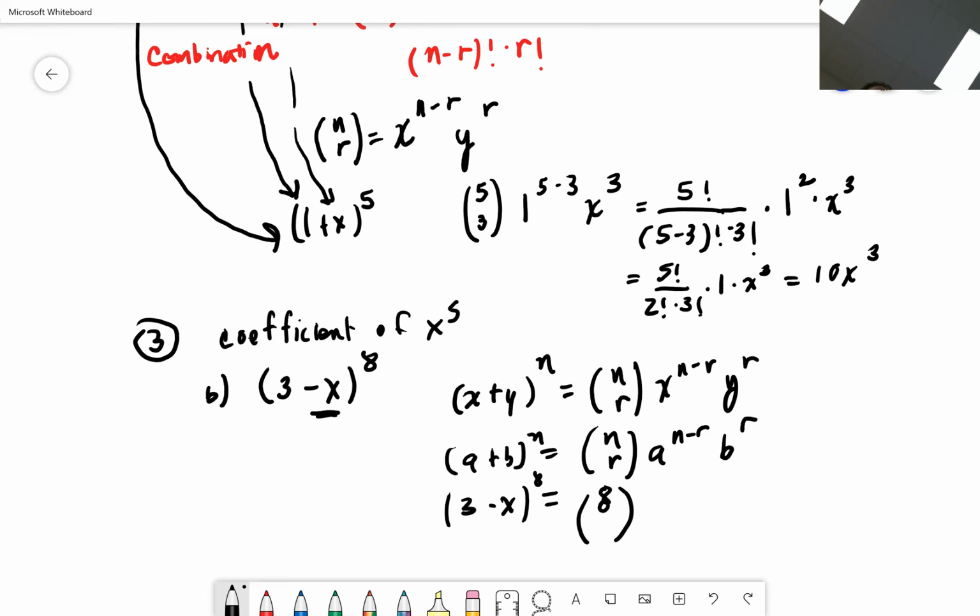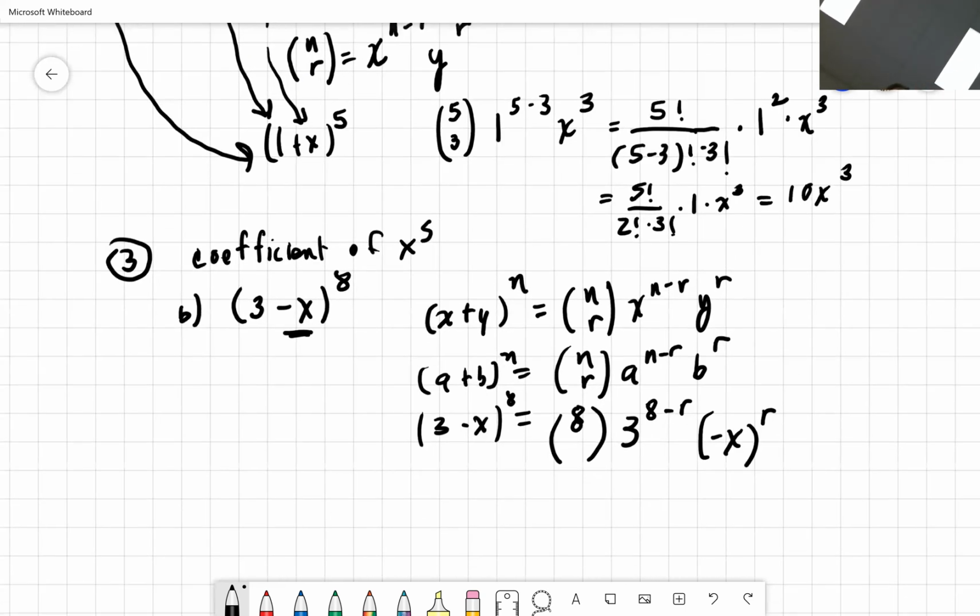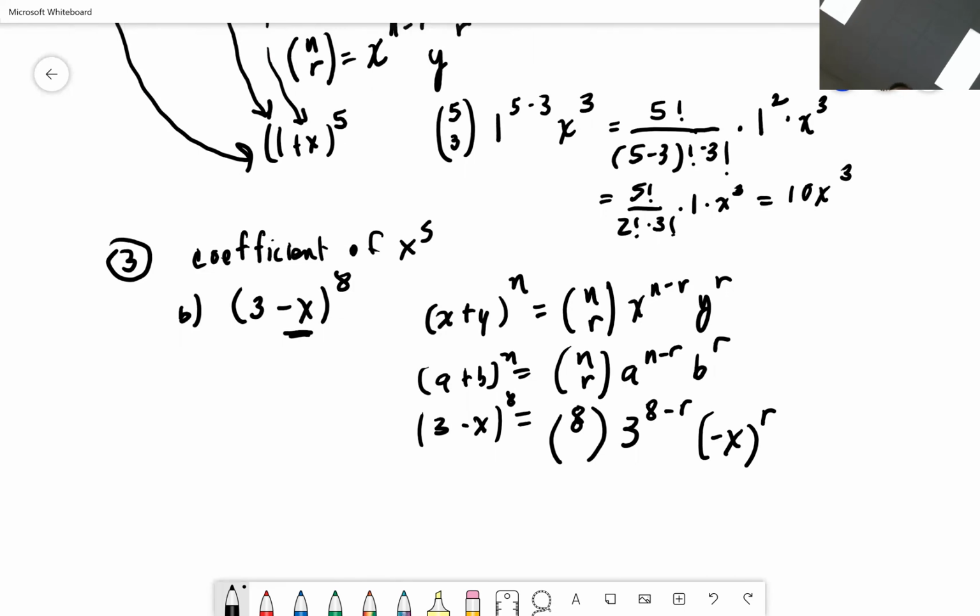So let's leave the r empty. The first one will be 3 to the 8 minus some r that we don't know yet. And then we have negative x to some r. What r would have to be in order for that x to end up being to the 5th power? What r would you pick so that this ends up being to the 5th power?